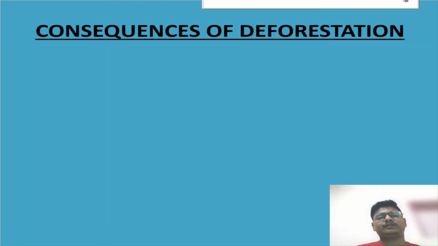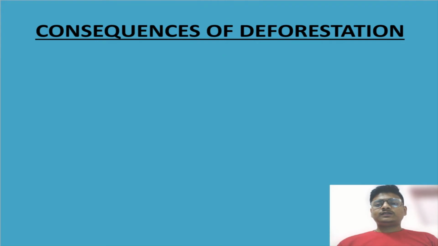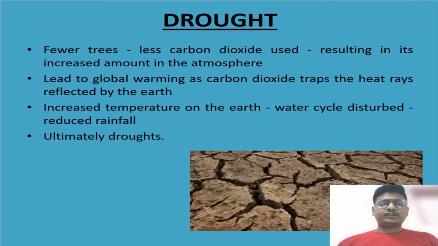let's study this. So students, the first consequence of deforestation is drought. In this, the first point says that if there are fewer trees, less carbon dioxide is used, resulting in an increased amount of carbon dioxide in our atmosphere.